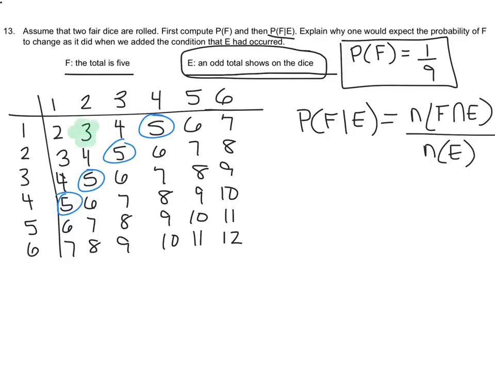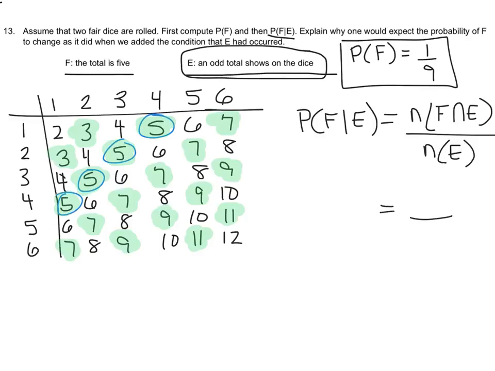So we have the 3, the 5, the 7, the 3, the 5, the 7, then the 5, the 7, and the 9, again the 5, the 7, and the 9, and then the 7, the 9, 11, and the 7, 9, and 11. So if I count the number of sums that I just highlighted, we have 18 possible odd totals. So the denominator of my conditional probability is 18.